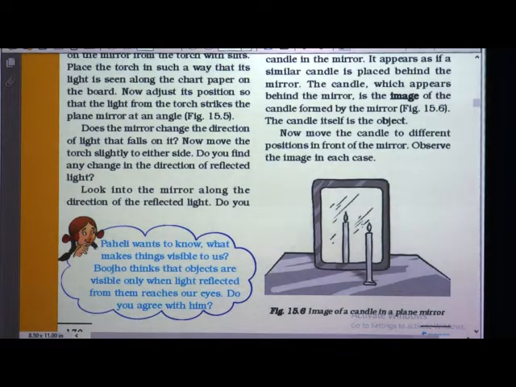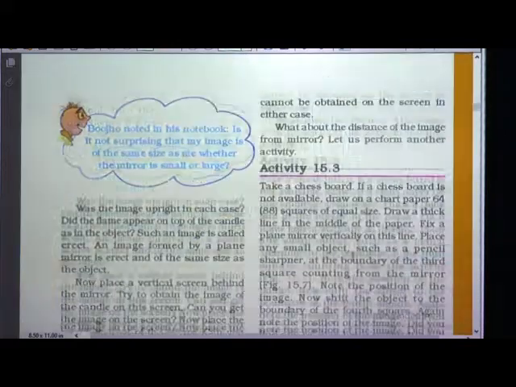Here a question is given: Paheli wants to know what makes things visible to us. Bhujo thinks that objects are visible only when light reflected from them reaches our eyes. Do you agree with him? Not each and every time, because of the reflection, this reflected image is there, but we can see different types of mirrors and different types of images.